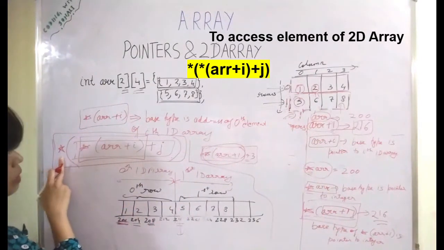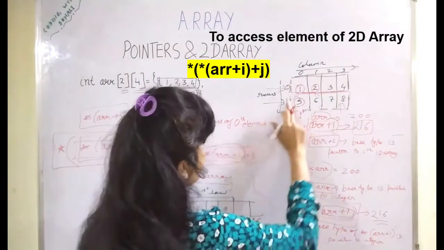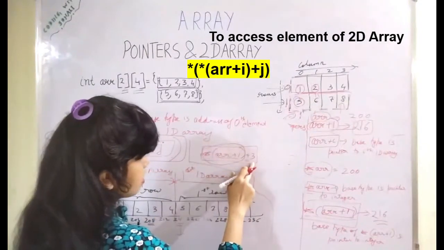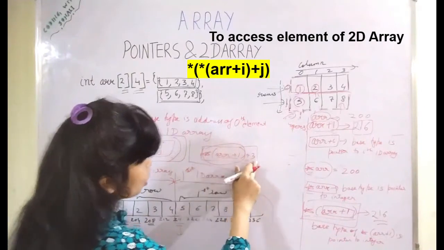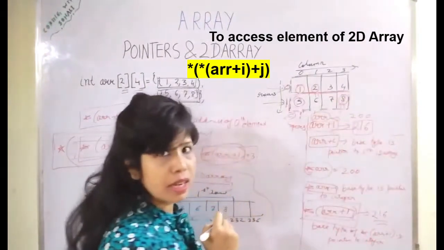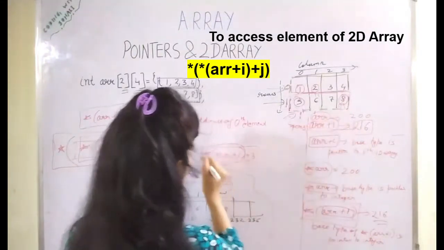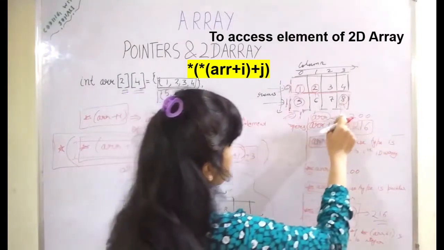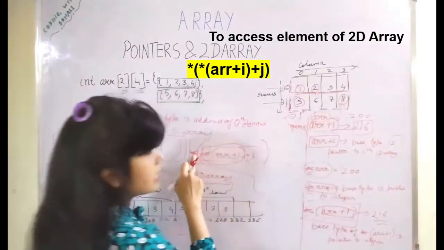If I use one more star, since I have the address of the element, consider this expression: what you got with plus 3, you got the address of this element, that is 8, right? So when I do star of this whole expression, we know star is the indirection operator.